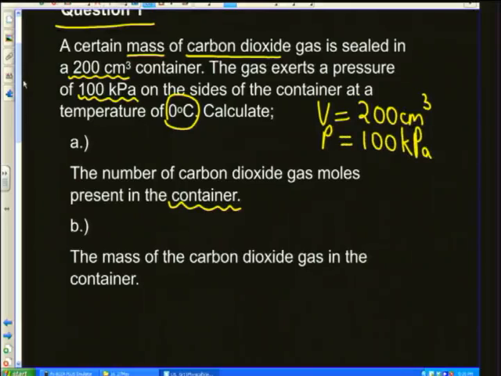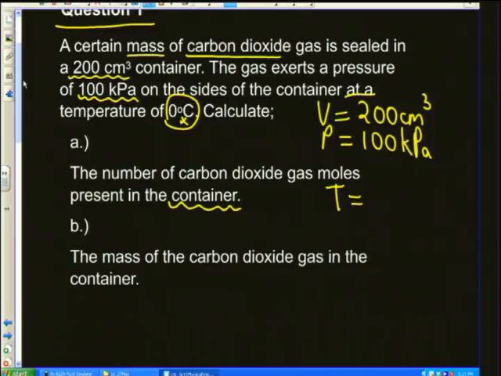We are also given the temperature in which the gas is kept. We are told that this is at a temperature of 0 degrees Celsius. Now remember that we don't use the degree Celsius scale, we use the Kelvin scale.